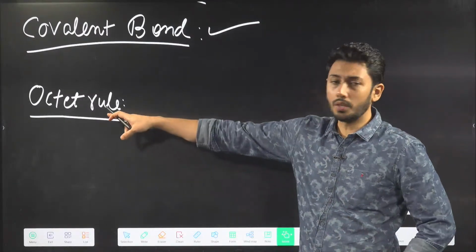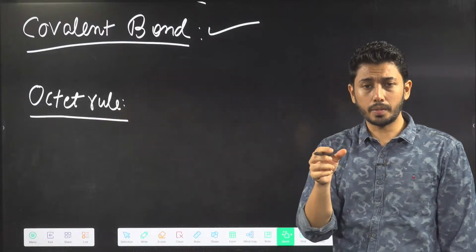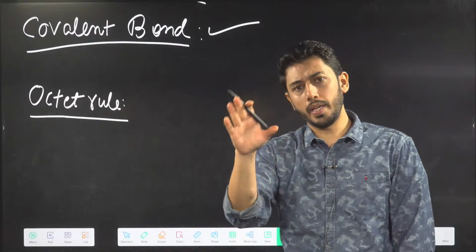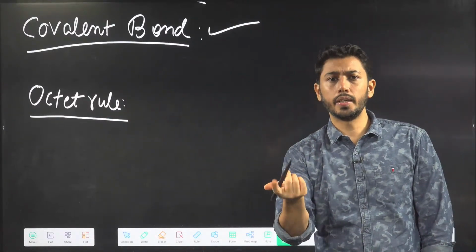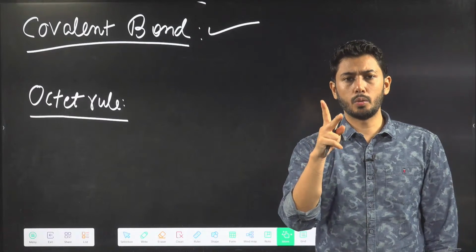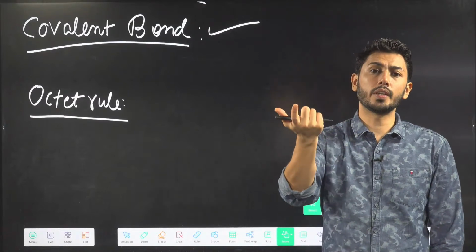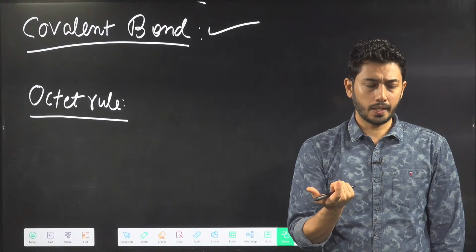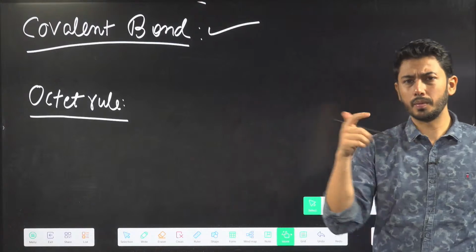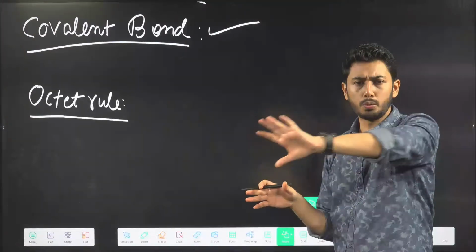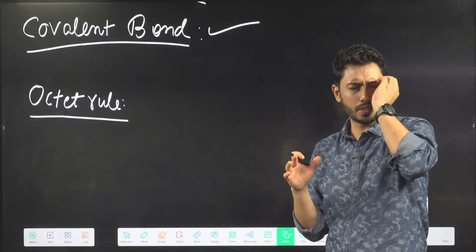That is the basis of the octet rule: every atom tries to achieve octet by sharing or by transferring. For hydrogen, it is a duplet. Hydrogen can accommodate a maximum of 2 electrons to achieve which configuration? Helium configuration. Getting it? This portion is better written from the NCERT underlined portion which I have given. When you add it, it is similar. Nothing I have said is new.